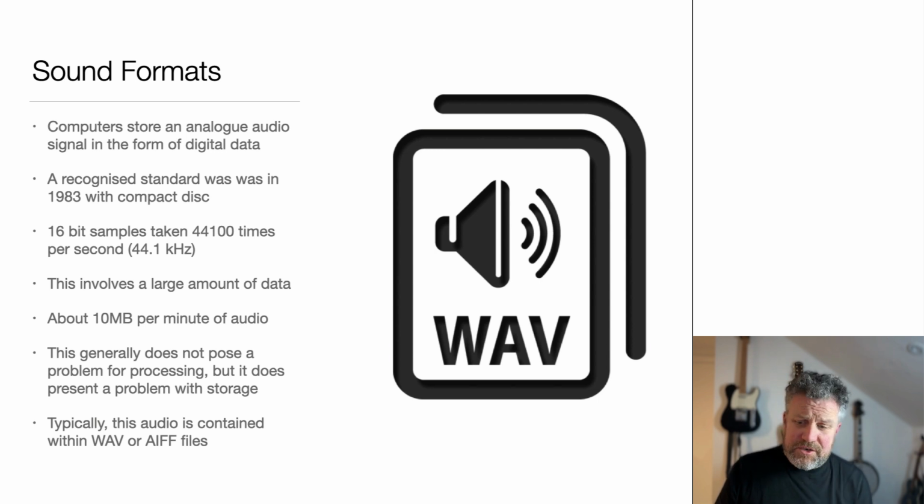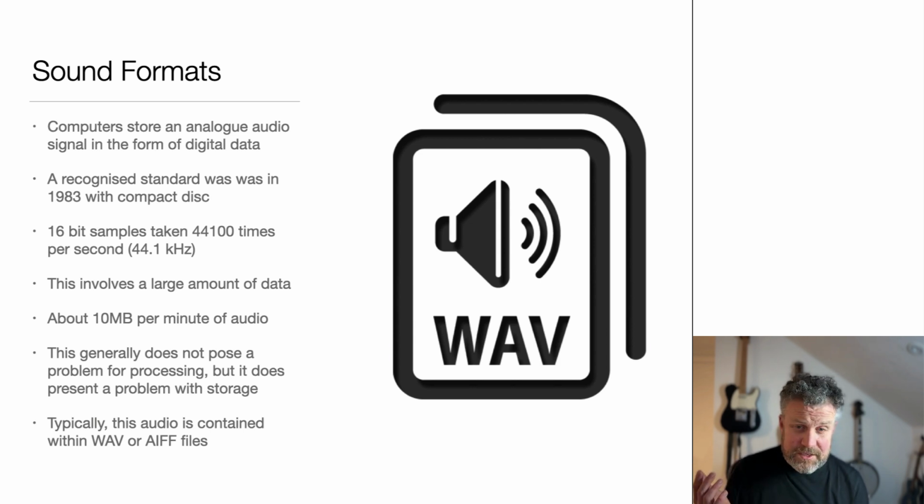Now, computers store analog audio in a digital form. The first major digital audio form was CD audio, and it has a sample rate of 44.1 kilohertz, which basically means it takes a snapshot of the audio 44,100 times per second. And uncompressed WAV audio, which is CD quality audio, takes up about 10 megabytes per minute of audio.